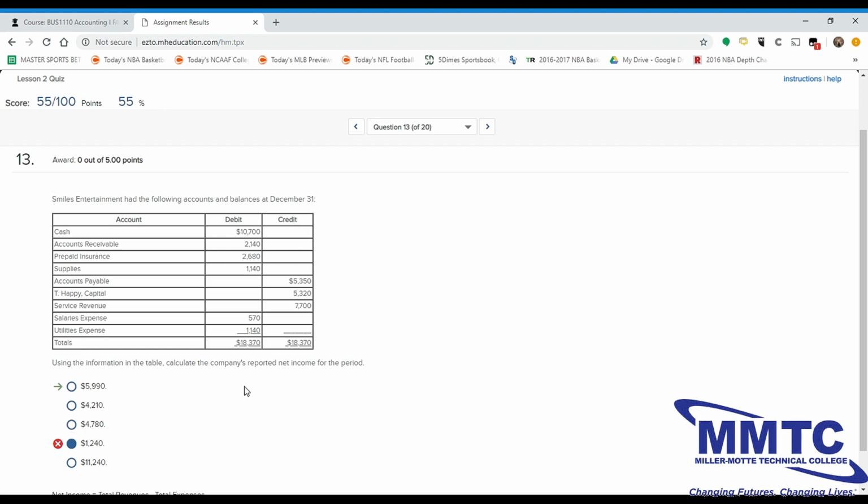On that statement that you're looking at, we calculated net income. The formula for net income is revenues minus expenses. So give me all the revenues.